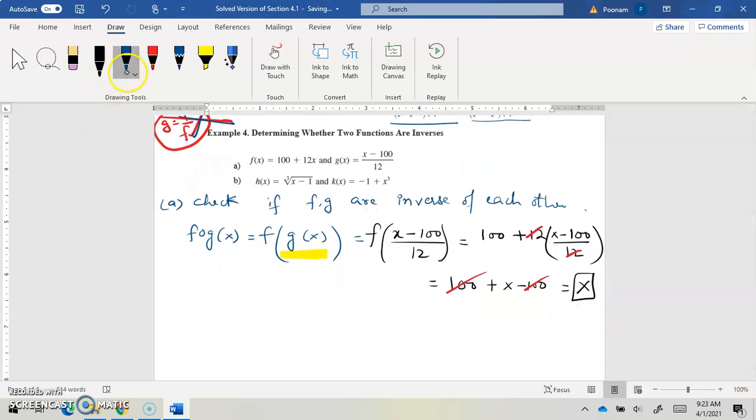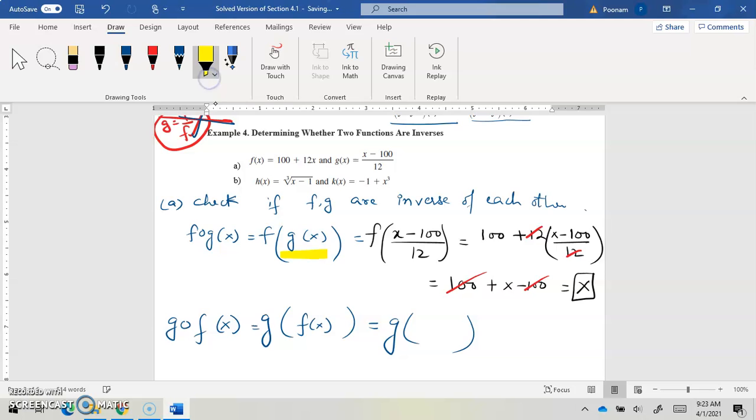Let's also try g of f of x. Of means brackets, g of, that means g is applied on f of x. So we write f of x first. Always work your composition inside out. Write f of x, that is 100 plus 12x. Now apply g on it. That means whatever this is has to be replaced by x.